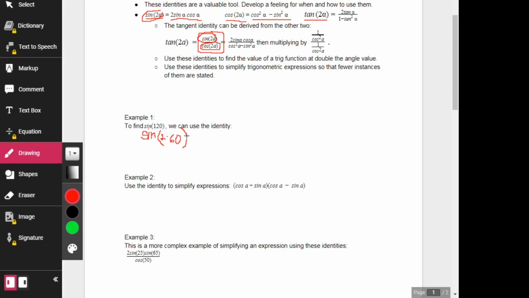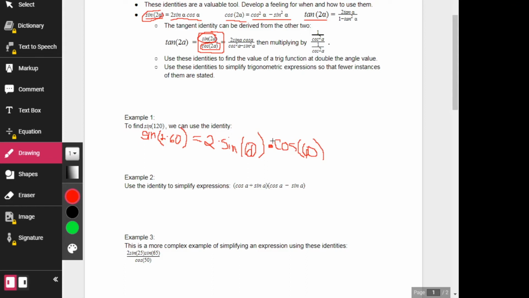And that means we can re-represent sine of 120 as 2 times the sine of 60 times the cosine of 60. So sine of 120 becomes 2 times sine of 60 times cosine of 60.